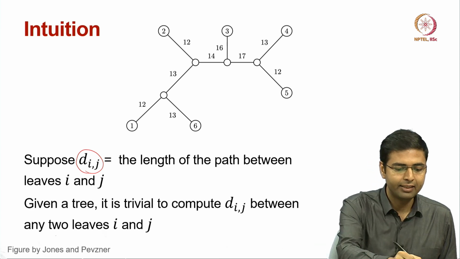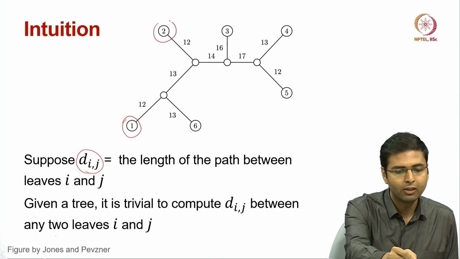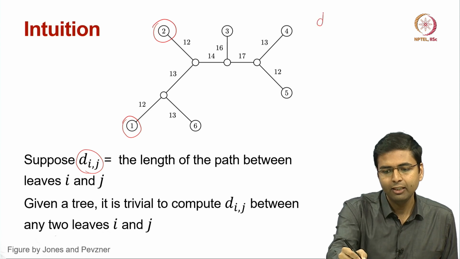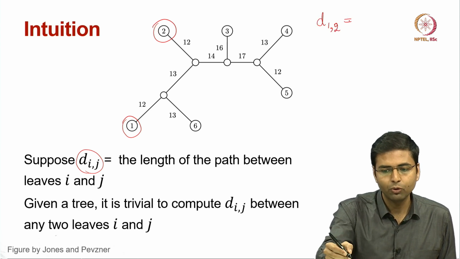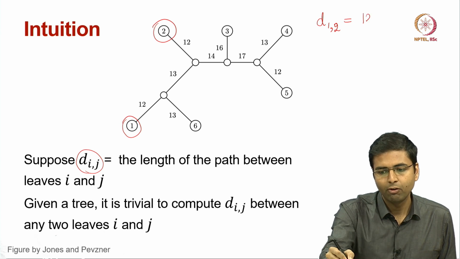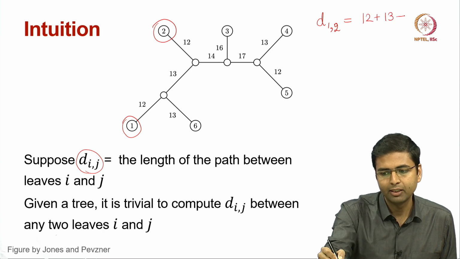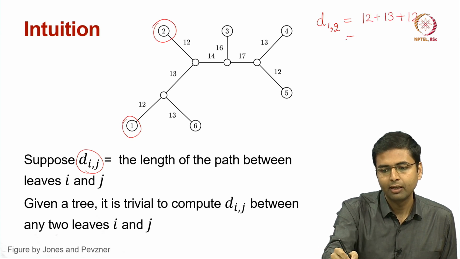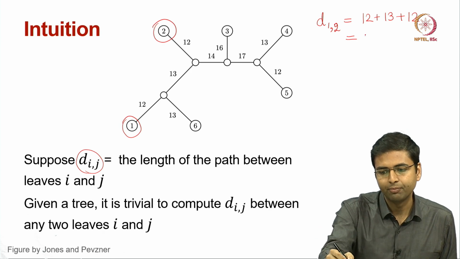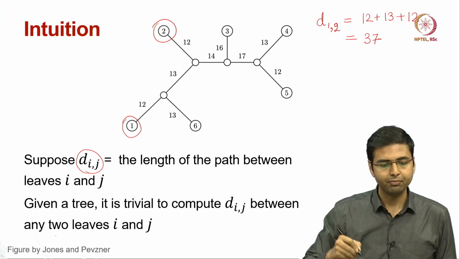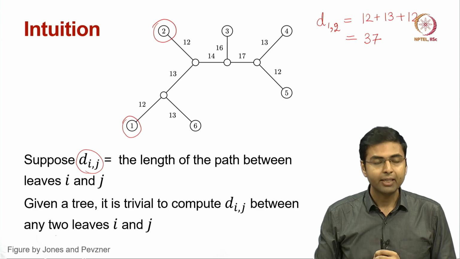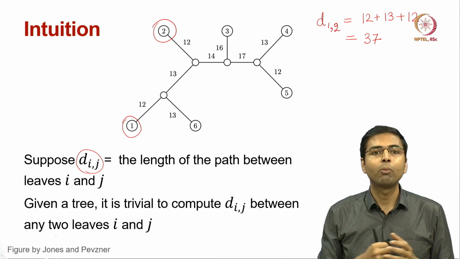For example, if I consider leaves 1 and 2, then d1,2 is trivially, you can see, equal to 12 plus 13 plus 12, that is 37. But in practice, that is not the problem that we face.